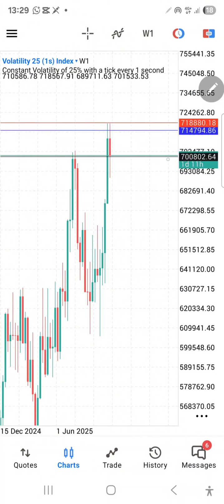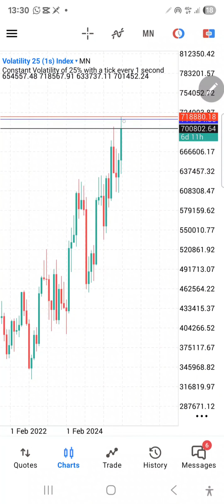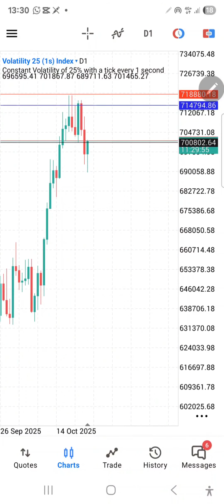Though I wasn't actually comfortable, I had to go in because I've taken trades like that countless times and it has played out. Price was coming from here, and the candlestick that closed last week was still signaling buy. There was no weakness. But like I said, I was still strong enough because of where price was coming from at the monthly time frame.